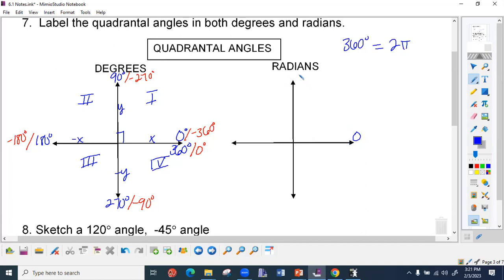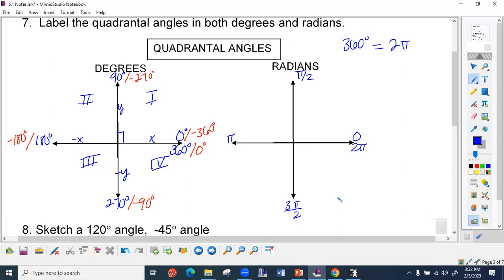This is going to be pi over 2. This would be a whole pi, 1 pi. This is going to be 3 pi over 2. And then we have our whole 2 pi. So each quadrant is half of a pi. Do we see that?